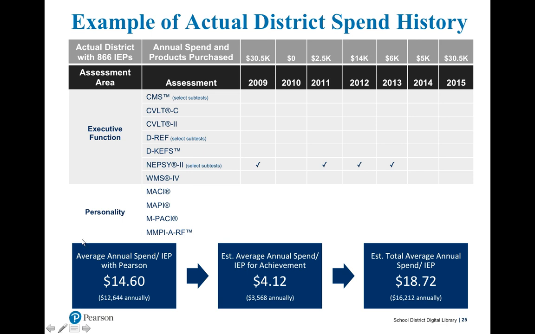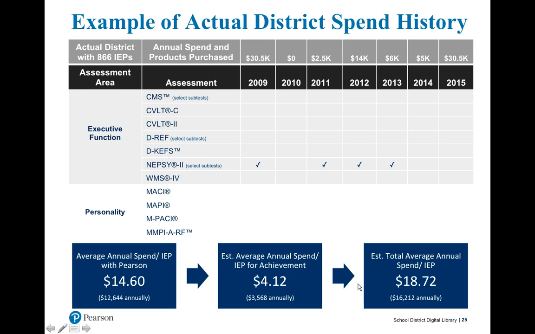So this district's average annual spend per IEP, just within Pearson, boiled down to about $1,460 per IEP, right down here. And then we estimated the annual spend per IEP for the achievement battery that would not be administered from within Pearson.